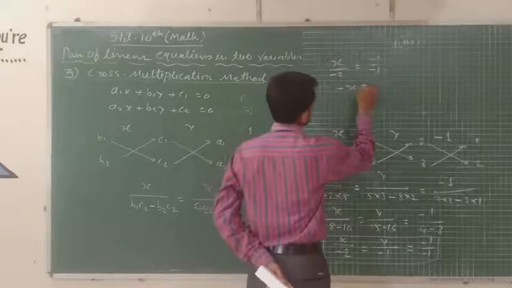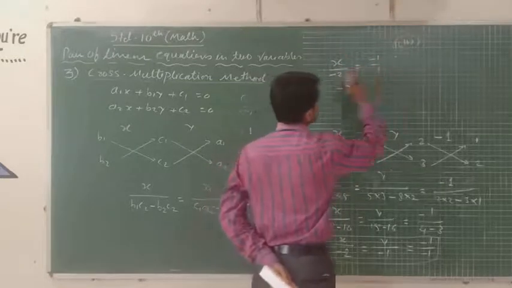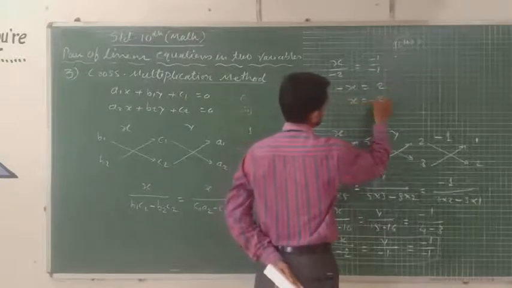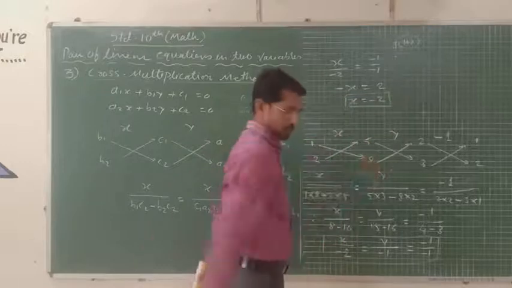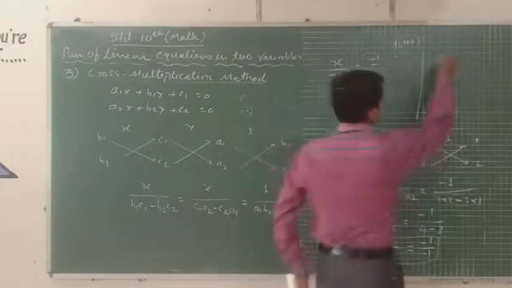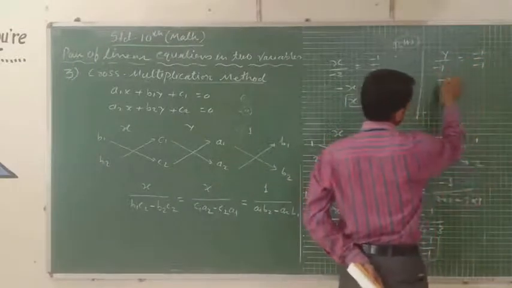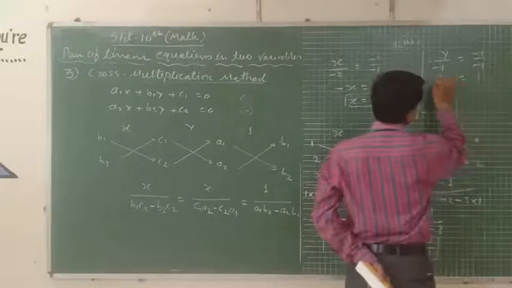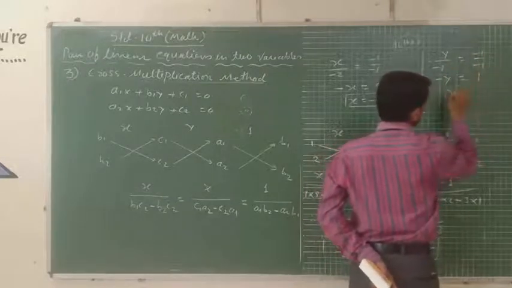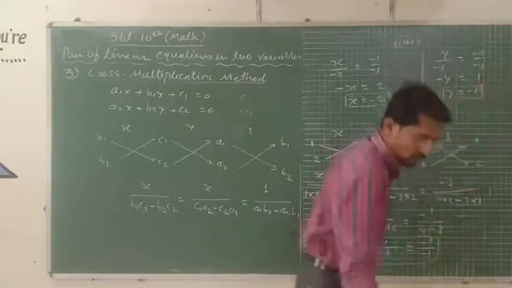Cross multiplying, -2 into -1 is 2. So x is equal to 2. Now compare this one, y by -1 is equal to -1 by 1. Multiplying, -y is equal to -1, so y is equal to 1. This is the value of y.